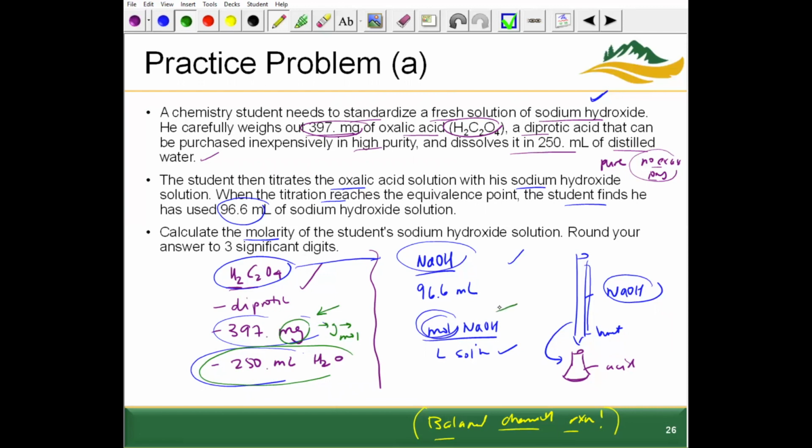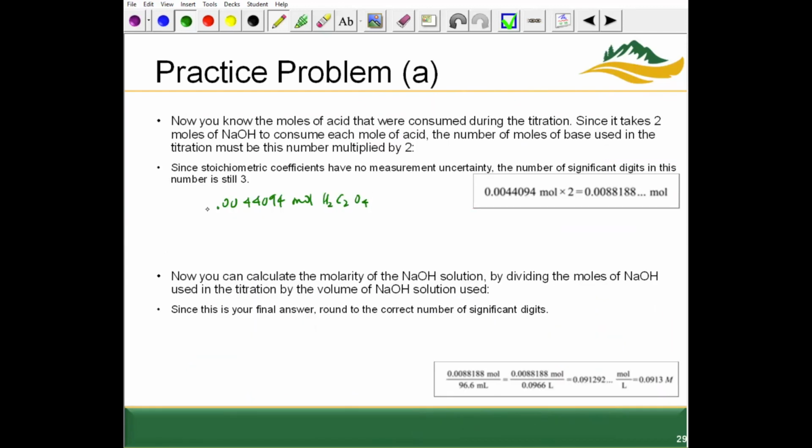So we're solving for our moles of base here. So we have this many moles of our acid. We need to connect that to the moles of our base. And for every 1 mole of our acid, we know we're going to have 2 moles needed of our base, which is sodium hydroxide. So here we took the milligrams into grams, then into moles of our acid. So moles here of our acid cancels out with moles.